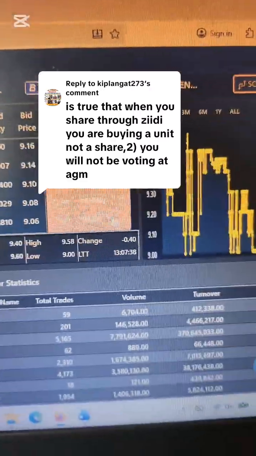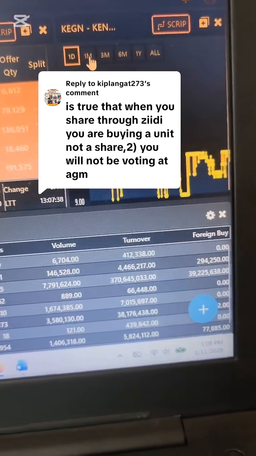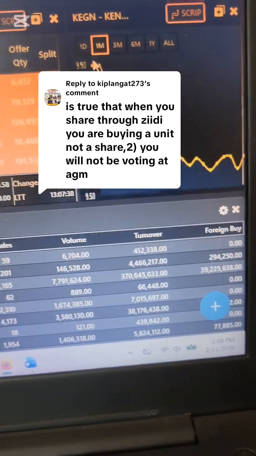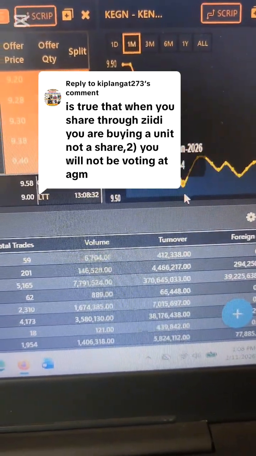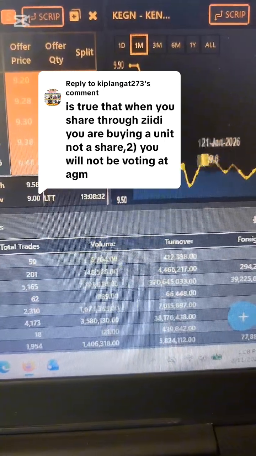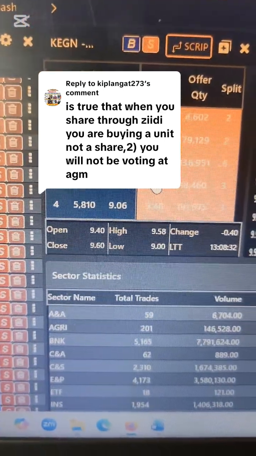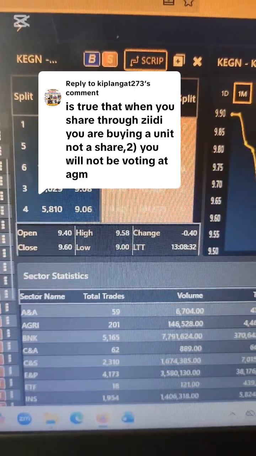But from that 300 shares of Kengen, Wajiko shares is a unit of 100, or 1/3. 1/3 of those shares, or 1/3 units of those shares, is Wajiko shares.